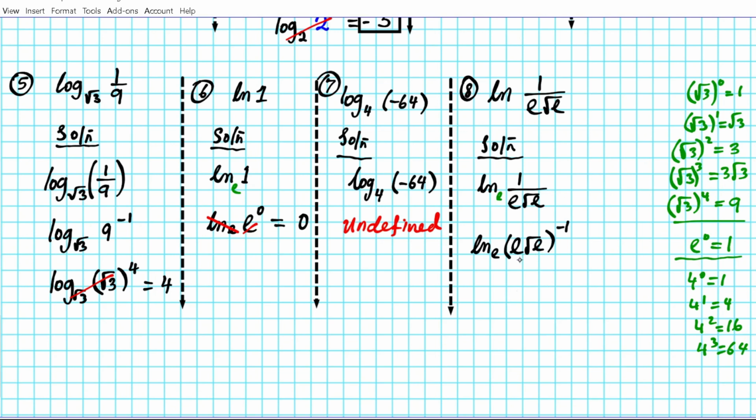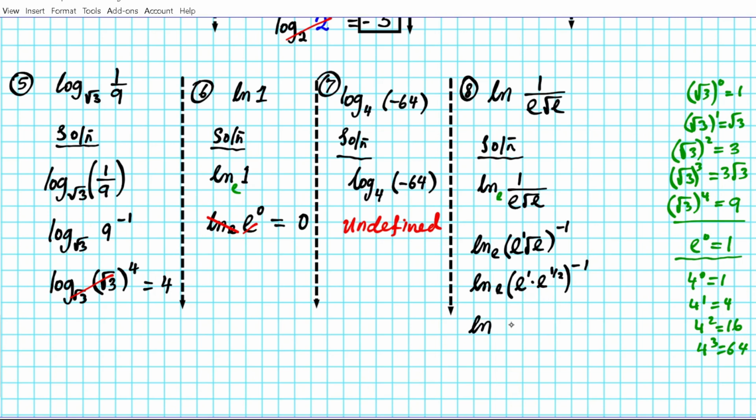Let's use the property of exponents to simplify this. So this is e to the first power, and this is root e. So we can combine these two. e times root e is the same thing as e to the 1/2, raised to the negative 1. Now we can apply the product property of exponents to combine these two.